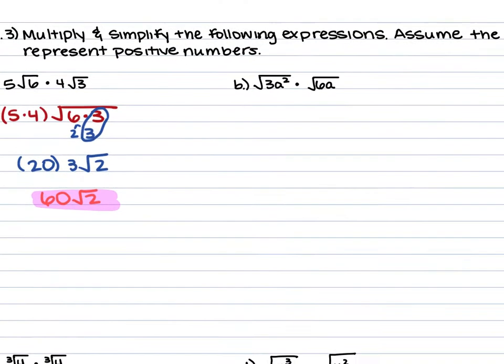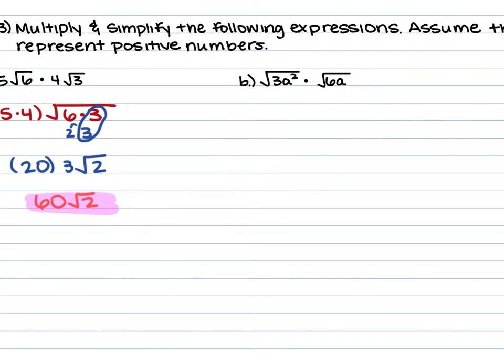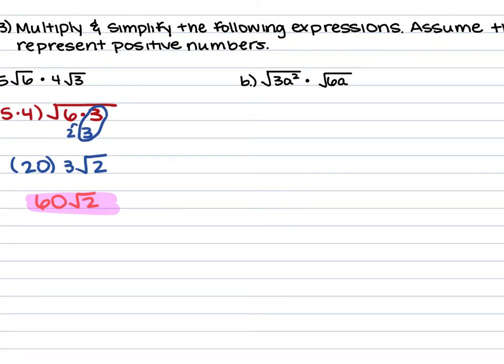For example B, we have the square root of 3a squared times the square root of 6a. So with this one, I'm just going to rewrite it to be 3 times 6 times a squared times a, since it's all underneath the radical with the same index. That 6 is 2 times 3, so I'm going to rewrite this one more time. That a squared is also a times a.